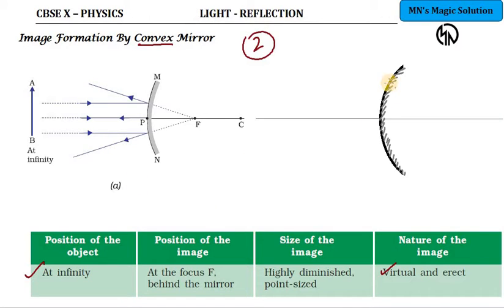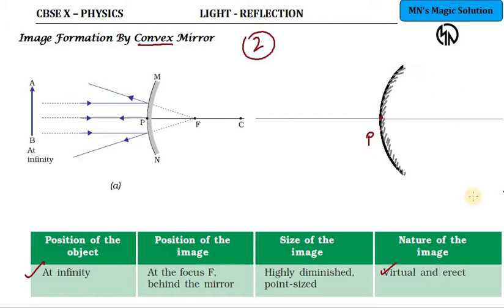So as usual, this is a convex mirror, therefore the bulging side becomes the reflecting surface, and the reflecting surface is facing towards the left. And the non-reflecting surface or the polished surface is facing towards the right. Now we have to mark the other points. Let me mark this as the pole, because this is the imaginary principal axis and the point where it connects with the mirror, you term it as the pole. Next is the center of curvature.